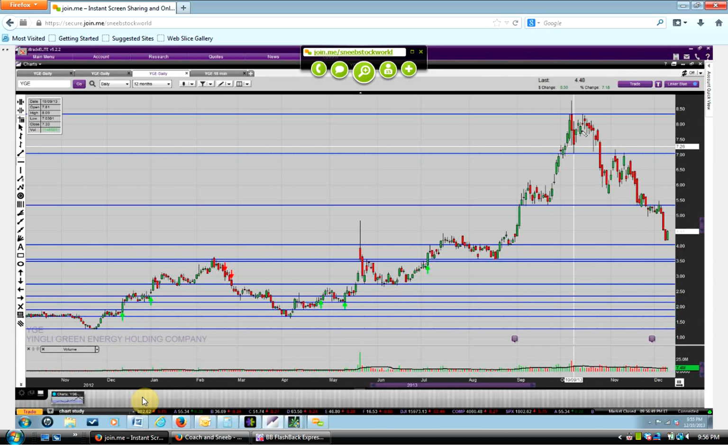Now, why would I be willing to take my first buy? Those of you guys that have been with me a while, what do I accept about my first buy? Yeah, that's the riskiest one, right? It's the riskiest one.